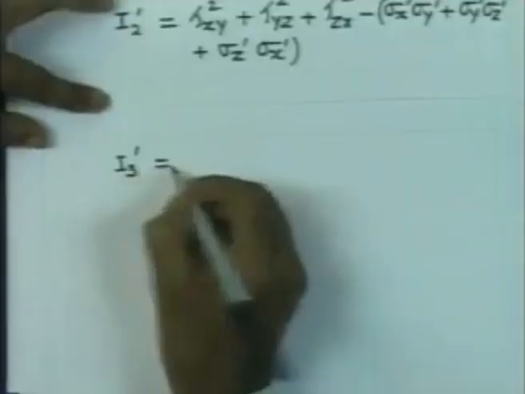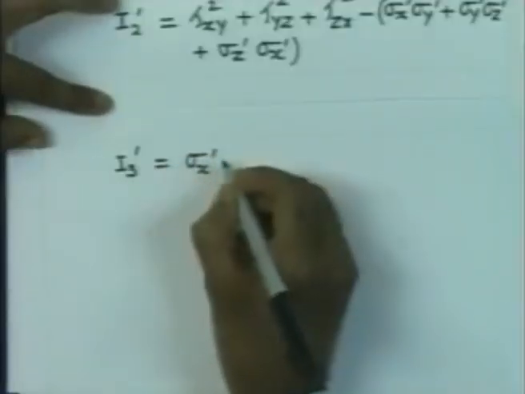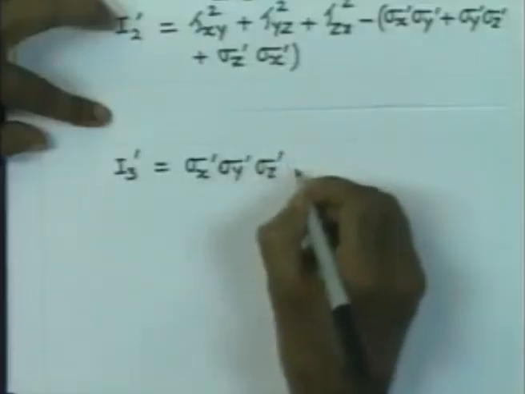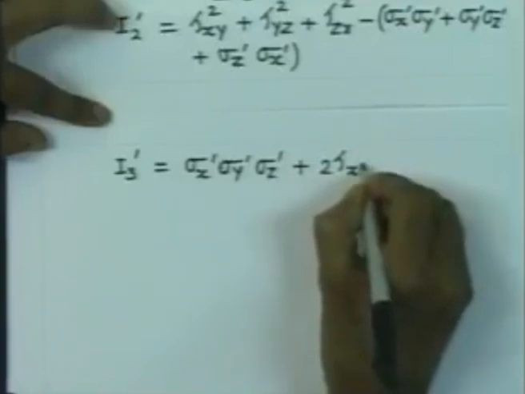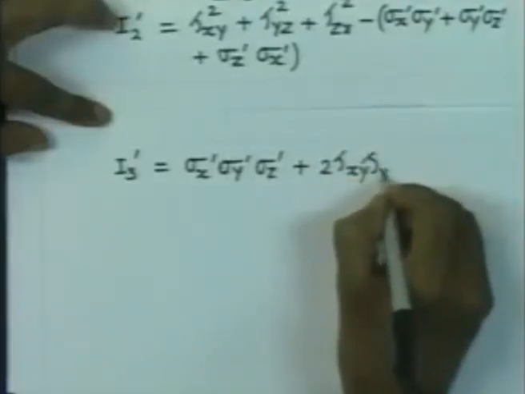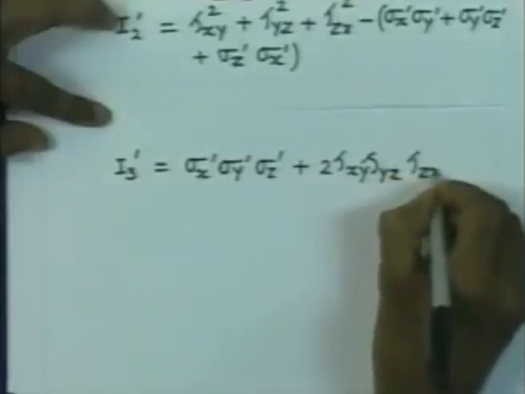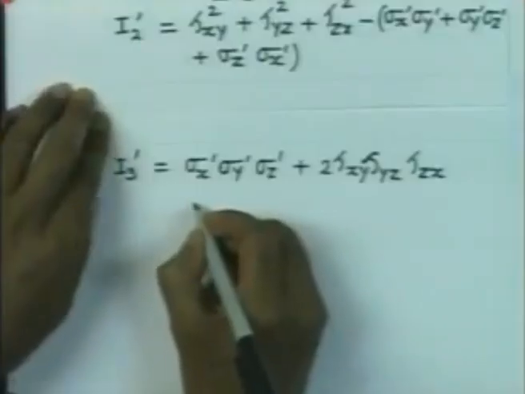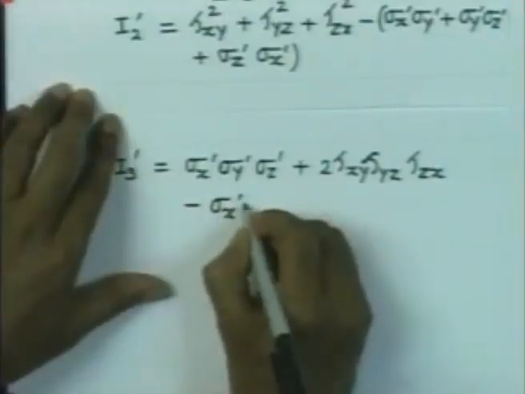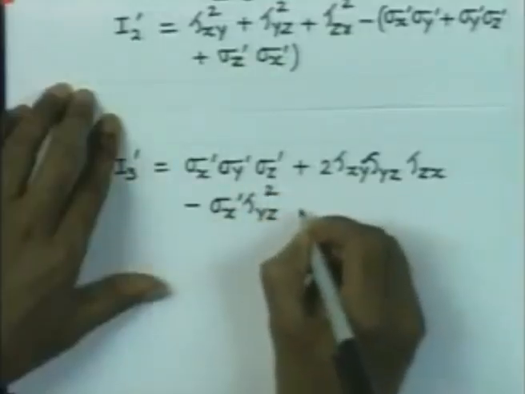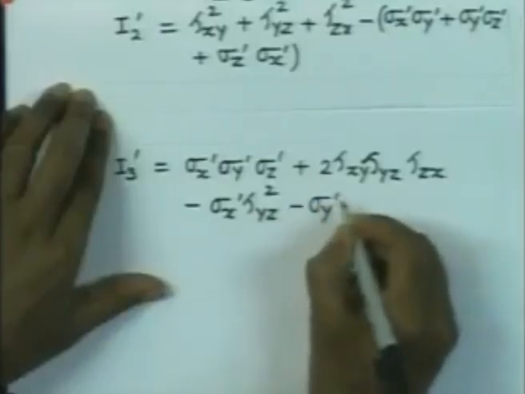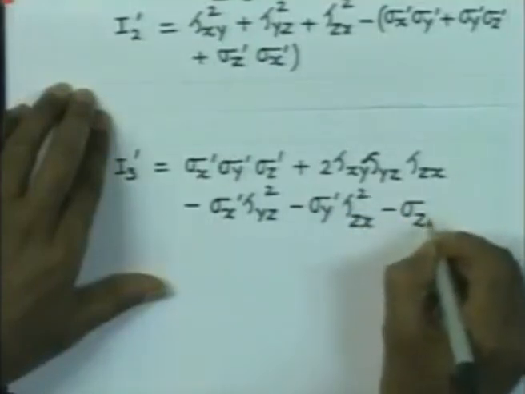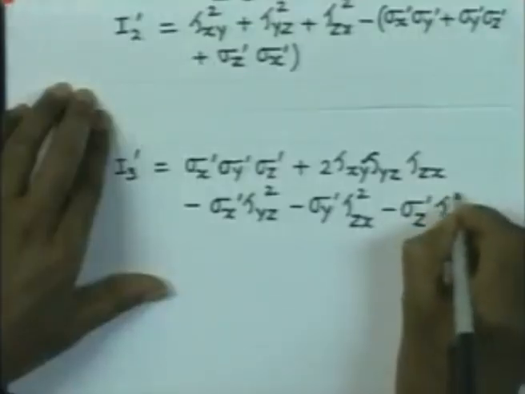I3 dash, which is sigma x dash, sigma y dash, sigma z dash plus twice tau xy, tau yz into tau zx, minus sigma x dash tau yz square minus sigma y dash into tau zx square minus sigma z dash into tau xy square.